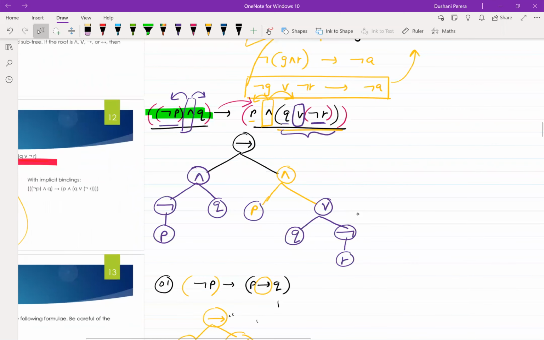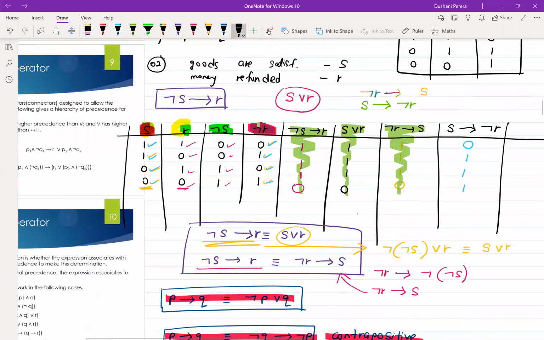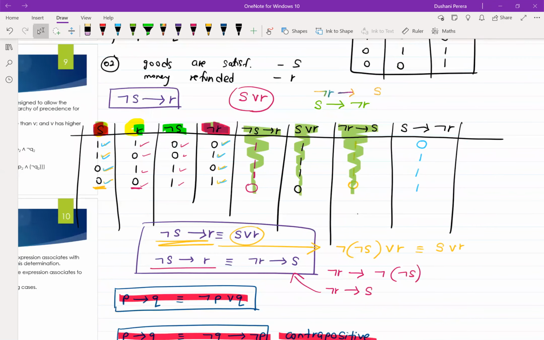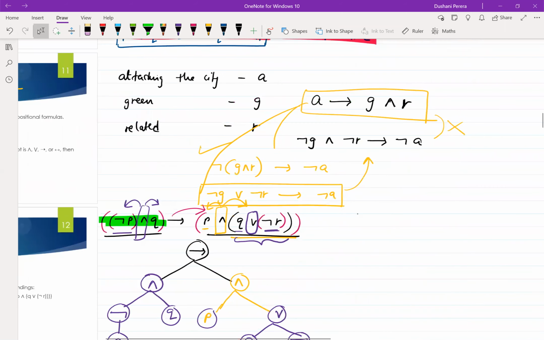All of these are propositional formulas. So how are we going to check the satisfiability of a formula when it comes to a truth table? When you assign truth values, how can you check whether this is satisfiable or not?